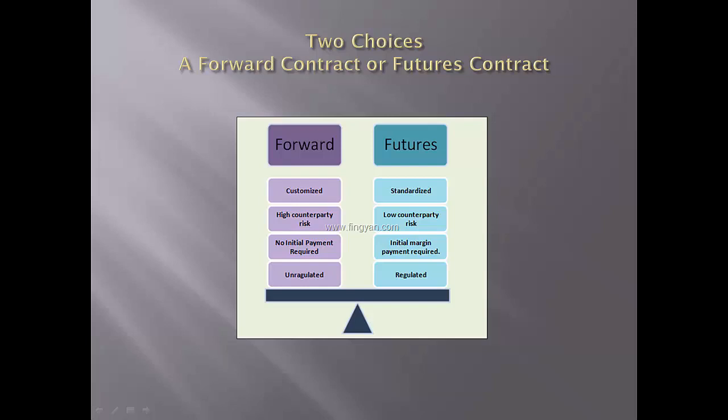He would have a known quantity or an estimated known quantity of the amount of oil that he could produce. What he needed to guarantee a sale and a sale price was a forward contract. These forward contracts were usually done with governments and large business users of the product, like a refining company. Forward contracts were useful in the fact that they were customized and they were usually transacted between two parties.